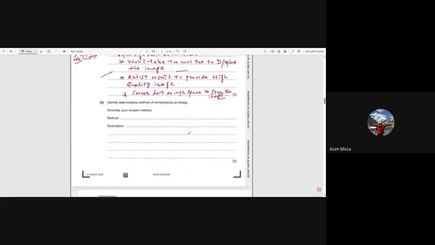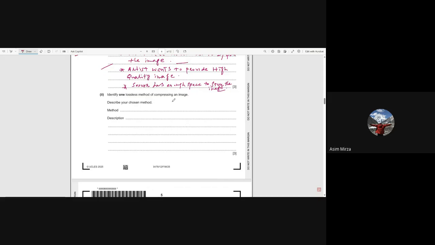Let's move on. Identify one lossless method of compressing an image. There is a very famous lossless method in your syllabus, that is called RLE, run length encoding, right? Run length encoding.